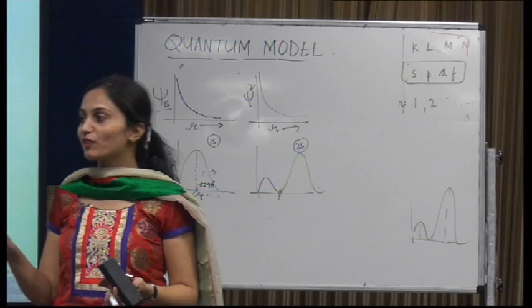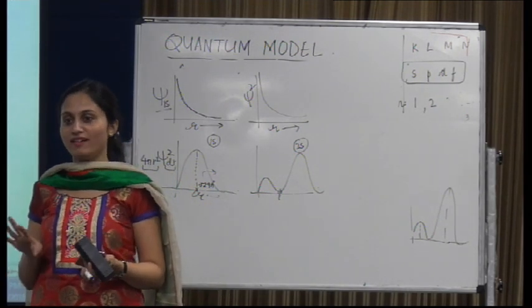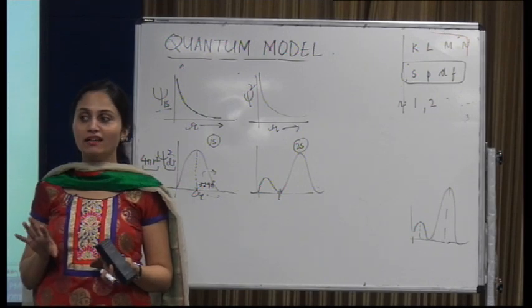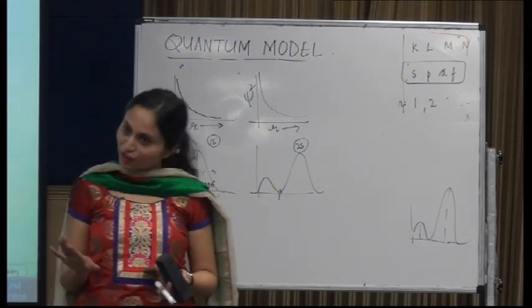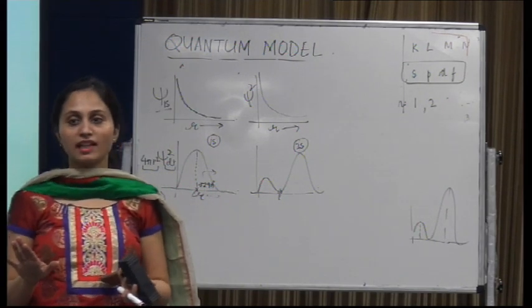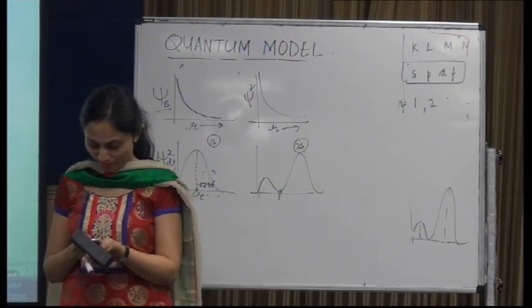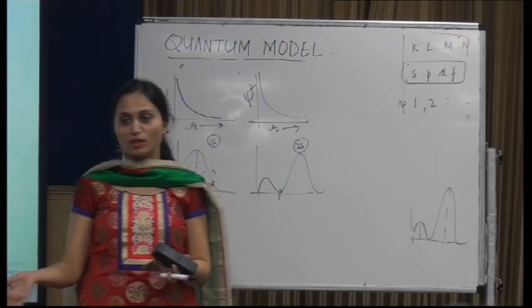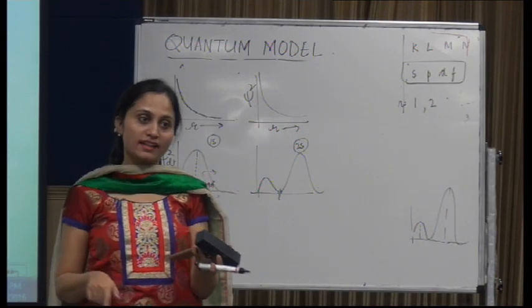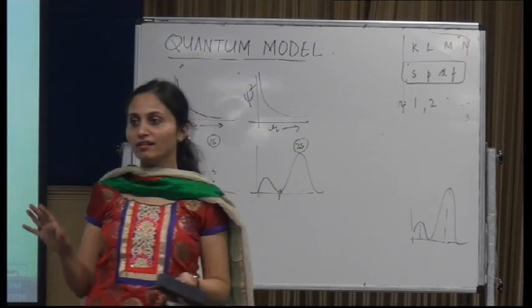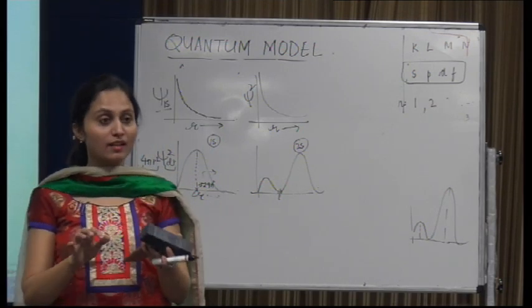The number of radial nodes is equal to n minus L minus 1. The number of angular nodes is equal to L. So what will be the total number of nodes? It will be the sum of the angular nodes and the radial nodes, that is equal to n minus 1.